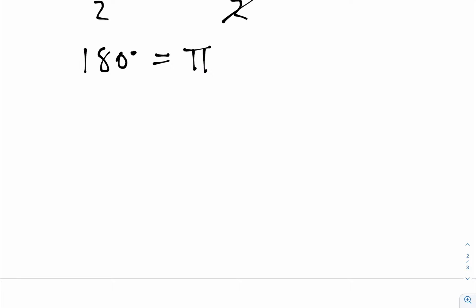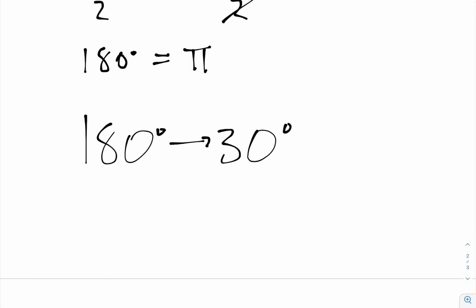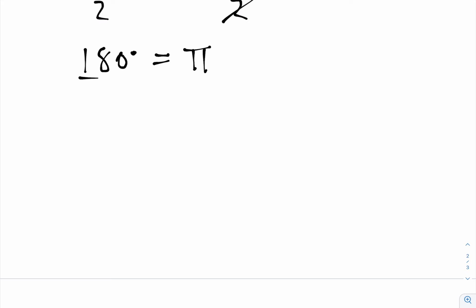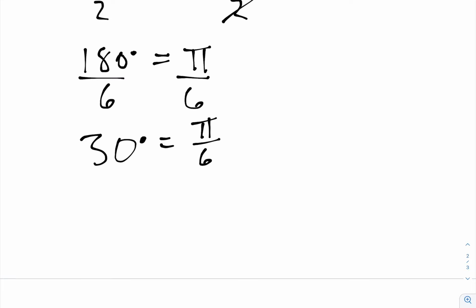So let's say we wanted to figure out how many radians 30 degrees was. Well, if we want to go from 180 degrees to 30 degrees, we have to divide by 6, right? So if we divide by 6 on the left, that means we have to divide by 6 on the right. So 30 degrees on the left will be equal to pi over 6 radians. Okay.